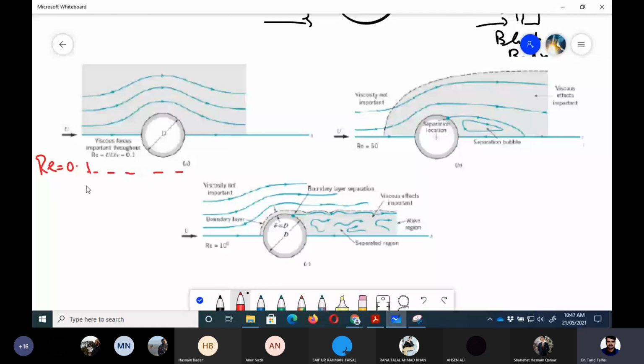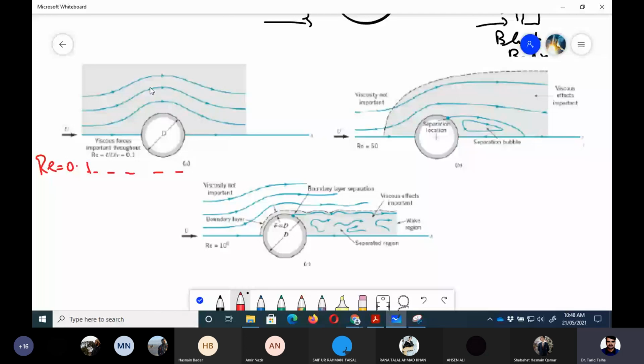So it again means that the viscous forces are dominant. So now you can see that even for the flow over a cylinder, there is no flow separation. The viscous region is quite large, which is shown by this shaded region. So viscous effects are quite high, and that's why that region is very large.